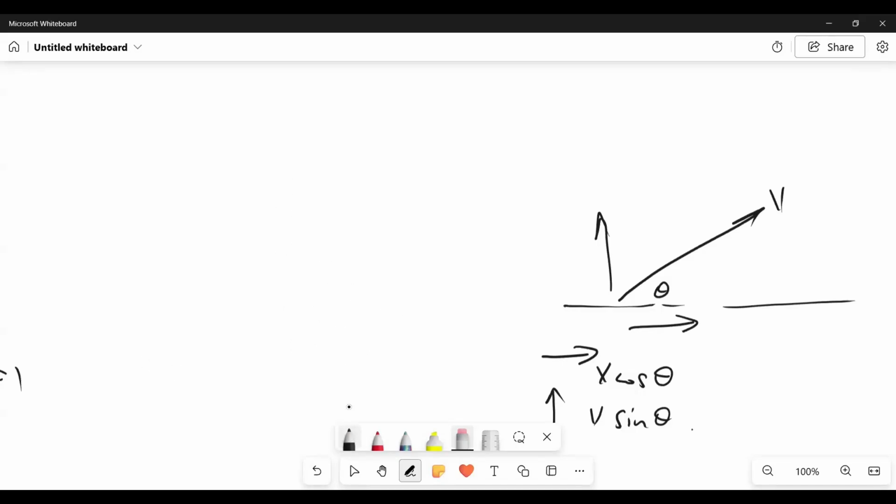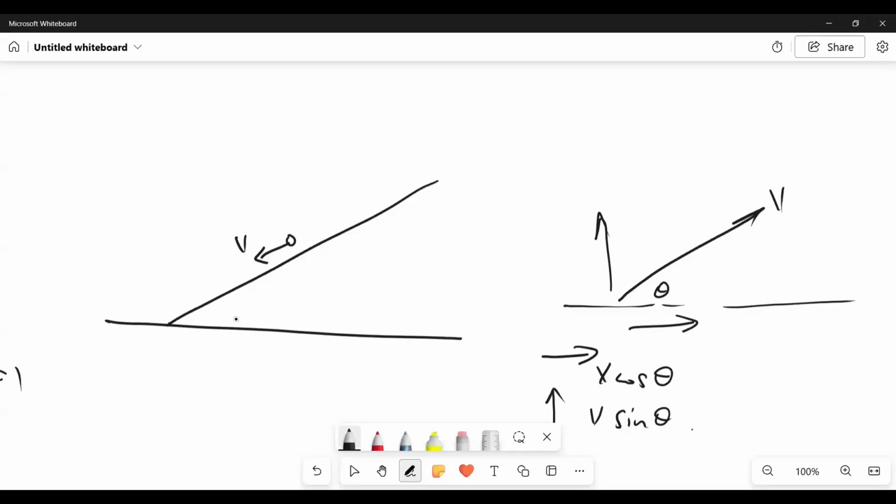Right? If you have a vector, let me just put V acting down this plane. And the plane makes some angle with the horizontal, right? Let's say V is acting down here.